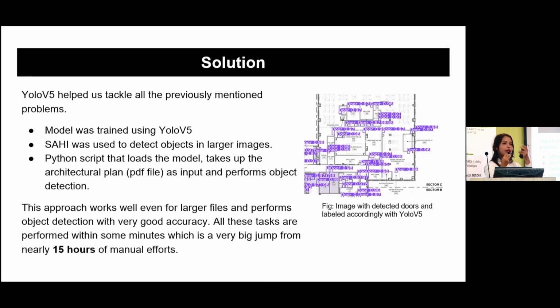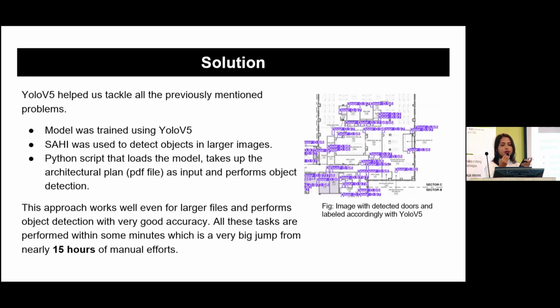So we have to extract the PDF pages as images and then perform object detection on them. When we were extracting those images from the PDF pages, they were getting pixelated, and we cannot perform object detection on a very pixelated image.